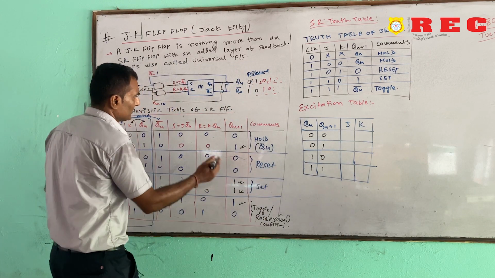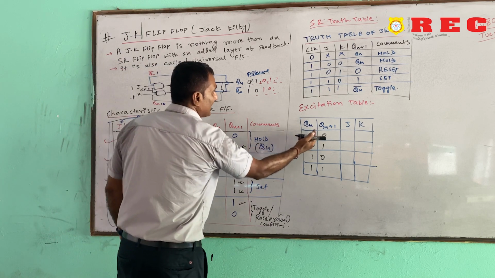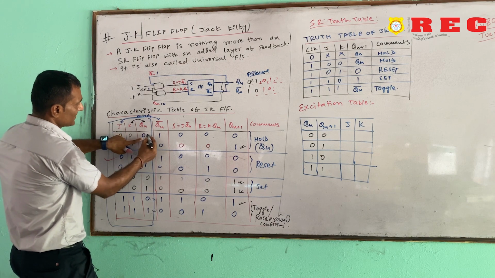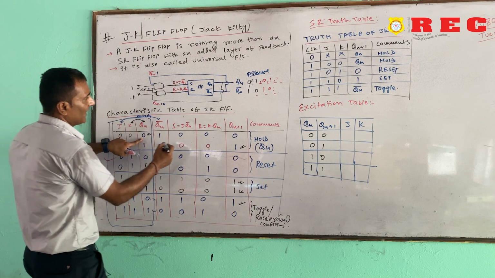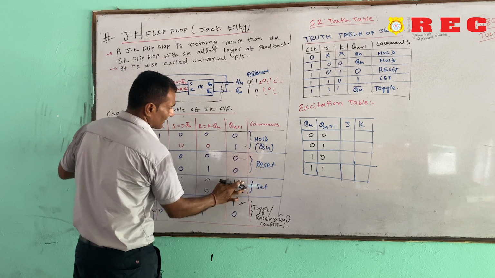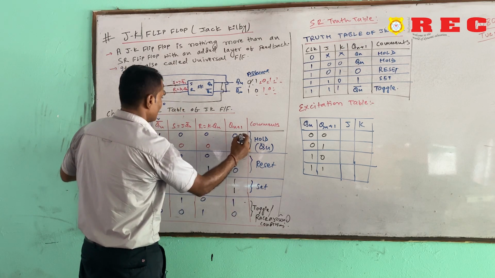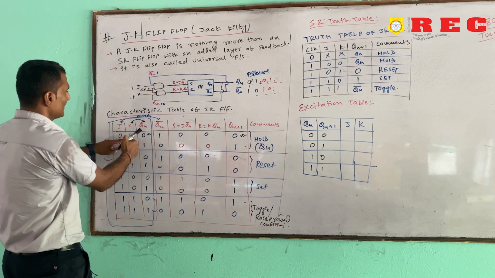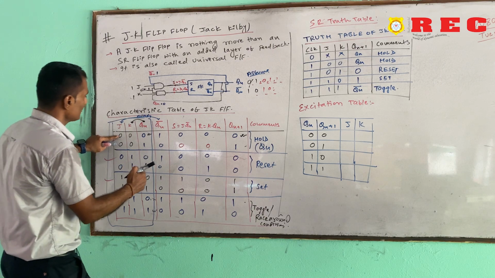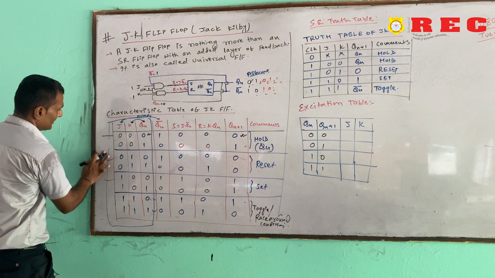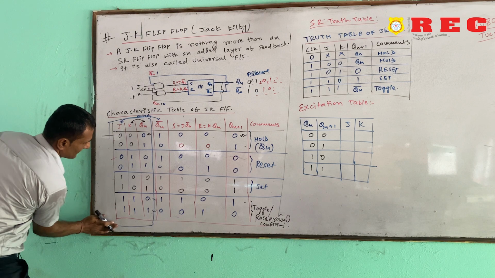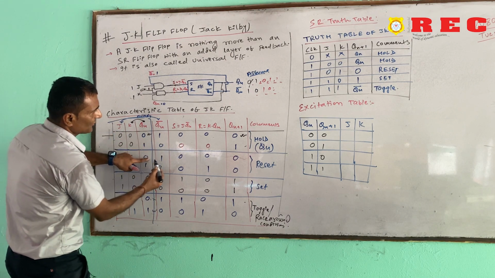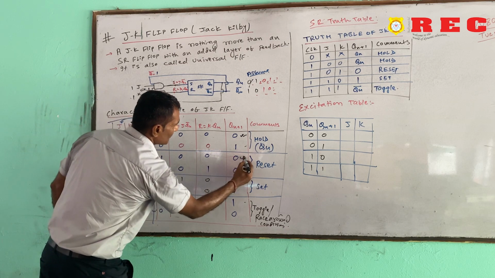See here very carefully, when the value of Qn and Qn plus 1 is 0 0. Here Qn is 0 and Qn plus 1 is also 0. At that time the value of J and K is 0 0. Again here is 0 and here is 0.